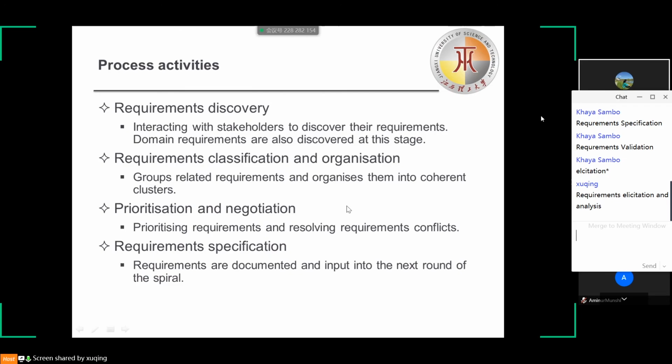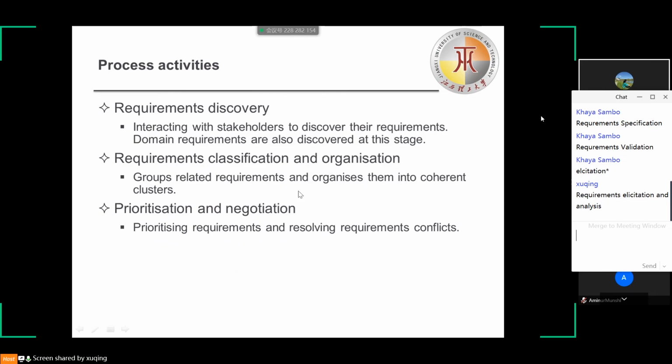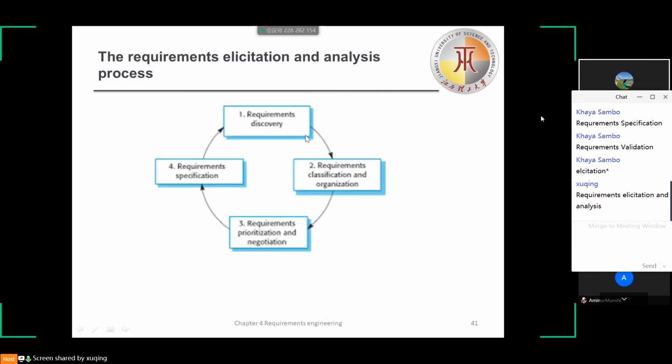Especially in this figure, we see clearly that the process cycle starts with requirements discovery and ends with requirements specification. That means we will probably have a requirements documentation, and normally the understanding of the requirements improves with each round of the cycle.